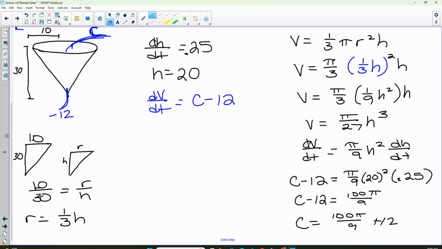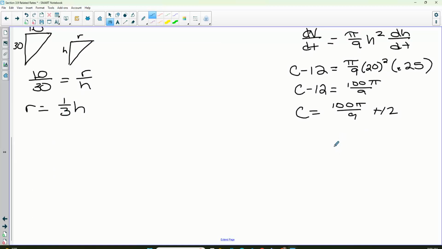Now, obviously not a real pretty answer on a test or quiz. That's how you would have to leave it. On your homework, if you type that in your calculator and gave me the decimal equivalent, that's totally fine. What would my units be? Centimeters cubed per second.